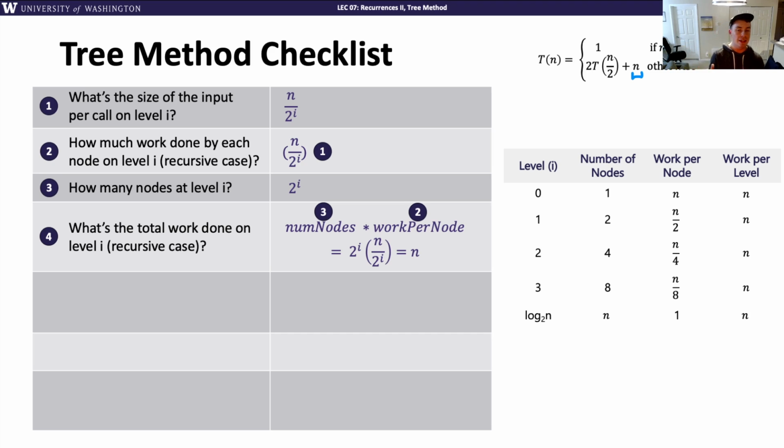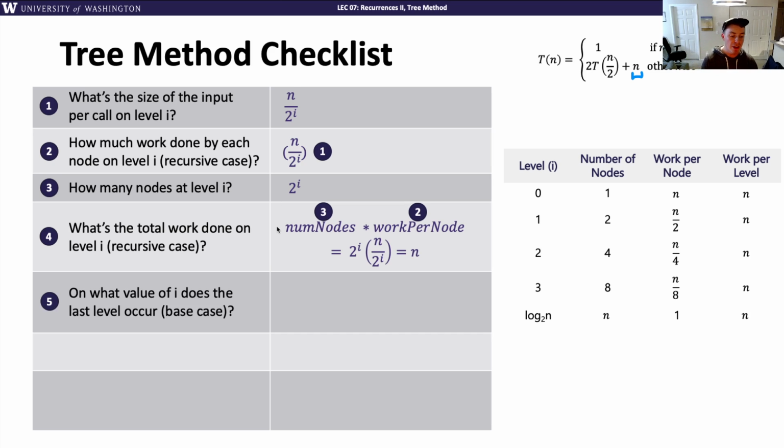Computing the input size at each level, how many times we've halved the input, and what's the work done. You look at the recurrence for its input size. So now this should generalize to different types of recurrences, maybe ones that have n squared in their recurrence instead of just n. Okay, so now we've just figured out the work per level, and in the recursive levels, it's always n.